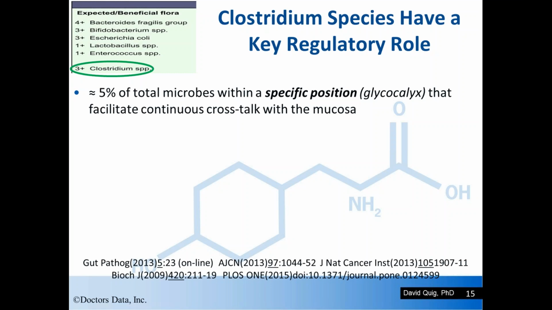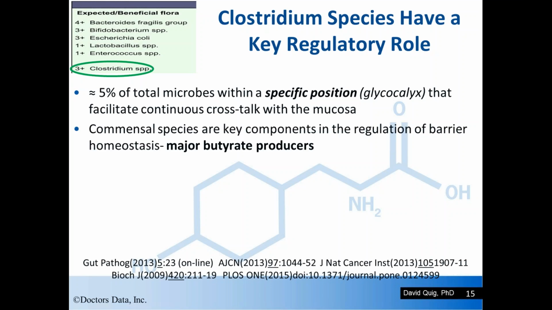Yes, there are 5 truly pathogenic species of Clostridium, but they only constitute at most a minuscule fraction of total Clostridium, even in the case of C. difficile associated disease. In fact, about 5% of total microbes within that key real estate, that specific position on the glycocalyx that facilitates continuous crosstalk with the mucosa, are in fact Clostridium species.